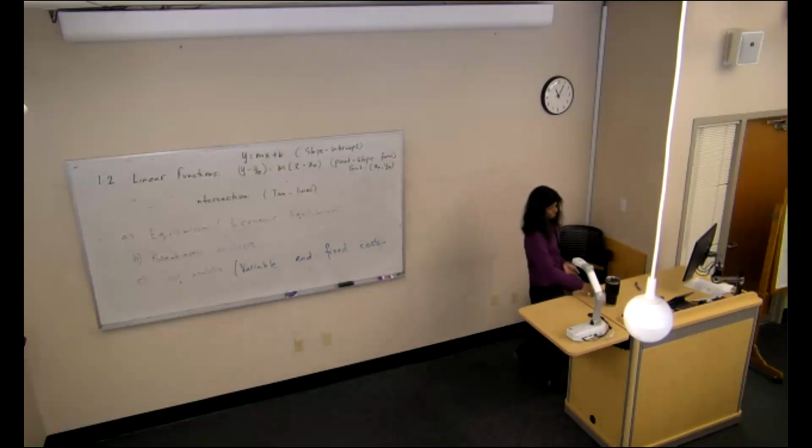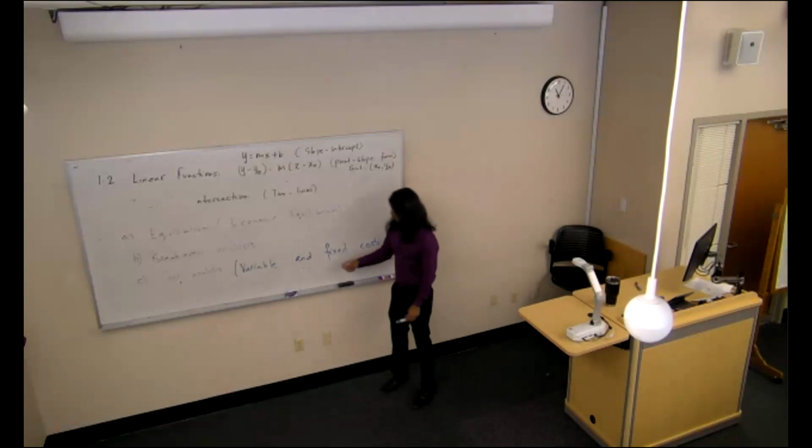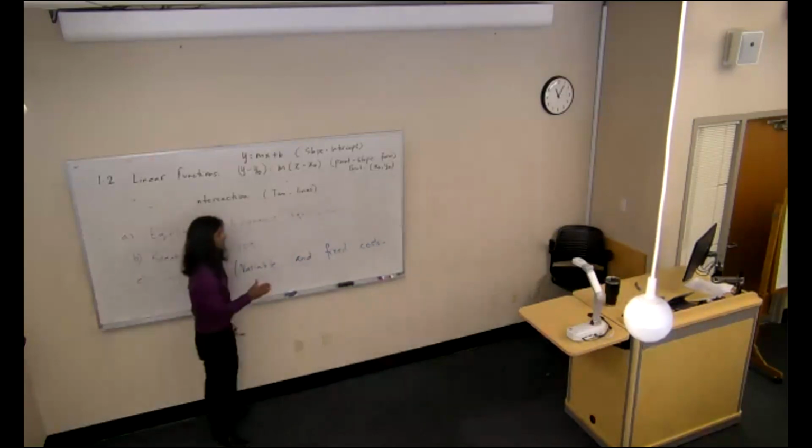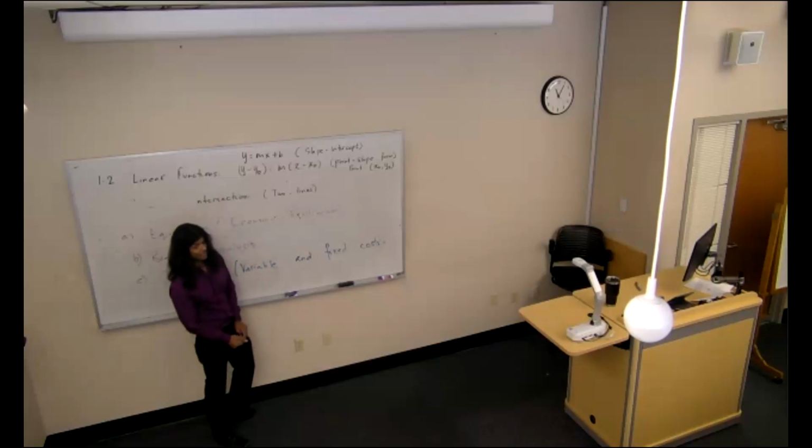So fixed cost, variable cost. This will depend on the number of units that you produce. It could be other things. Also, it has another name. Starts with the letter M. Marginal cost.